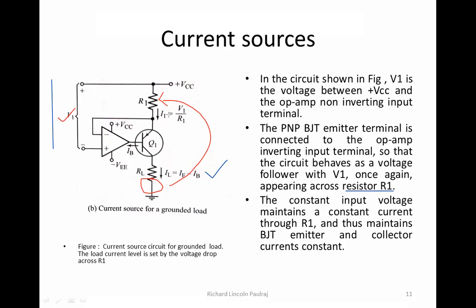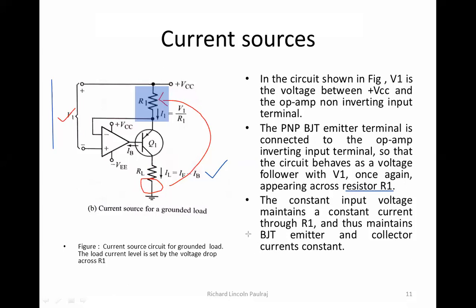The emitter currents and the collector currents are to be made constant. This is enabled by the usage of R1. So whenever we design, we have to make sure that the value of R1 is selected appropriately.